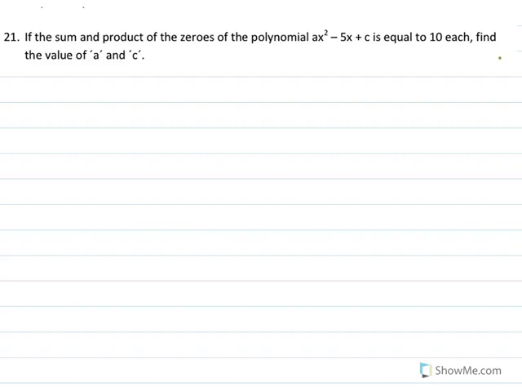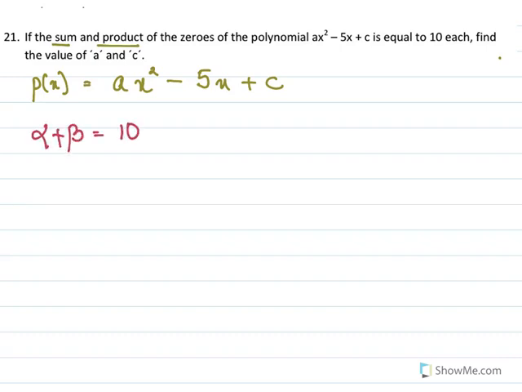If the sum and the product of the zeros of the polynomial are 10 each, so here our polynomial, say p of x, is ax square minus 5x plus c. They said the sum and product both are 10. That means alpha plus beta equal to 10, and alpha into beta is also equal to 10. We have to find the value of a and c.